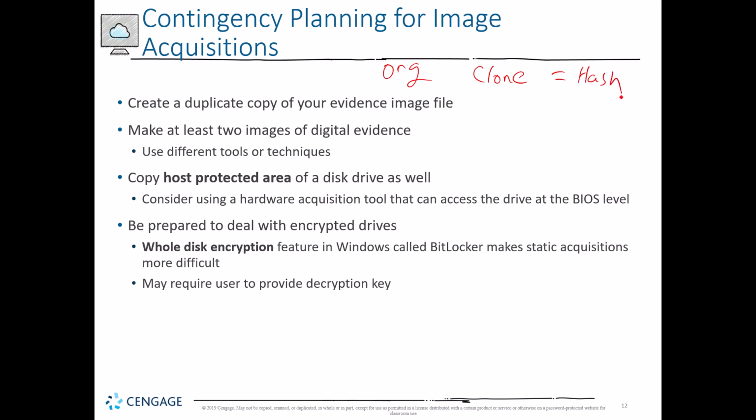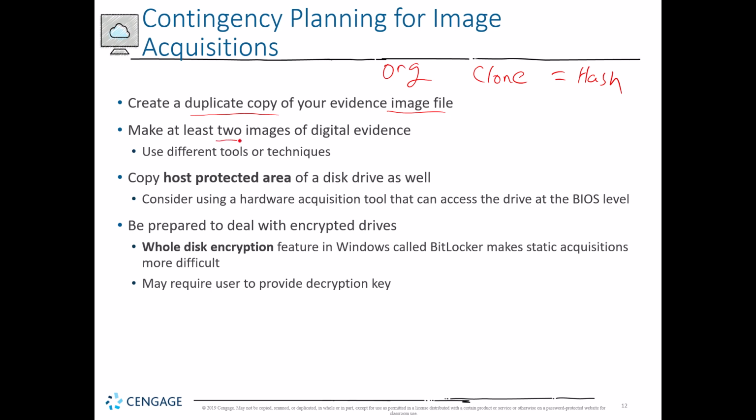You want to get a hash of the original source data and a hash of the clone. That way, we can say it's a duplicate copy, and as we clone out the image file, we can just rehash the clone, and all copies coming from the clone, if they are the same hash, we know they are the exact same copy of data.